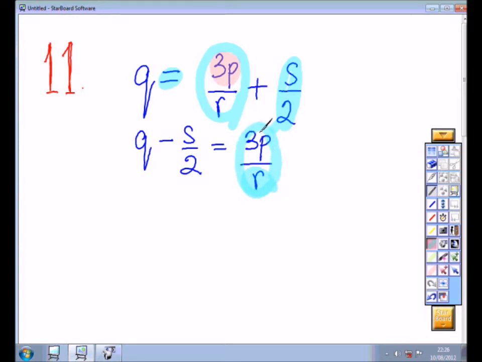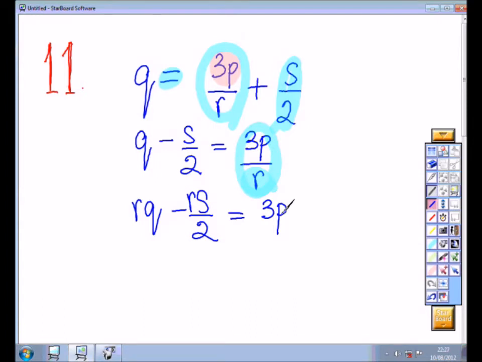So here we go. Multiplying both sides by letter R, we have R times Q, we have RQ minus RS over 2 is equal to 3P, because the R will have cancelled out the R below.